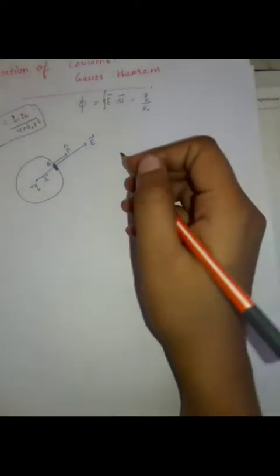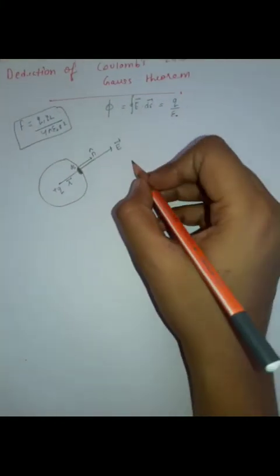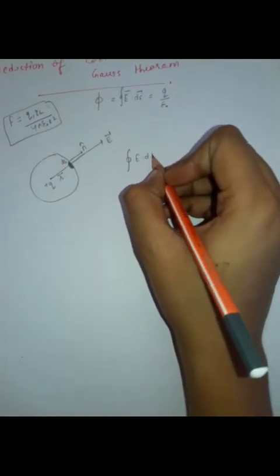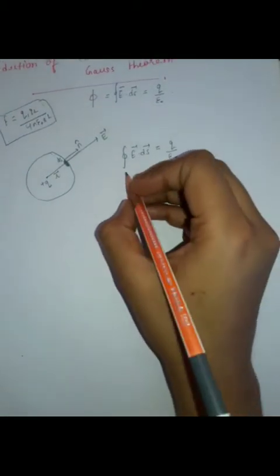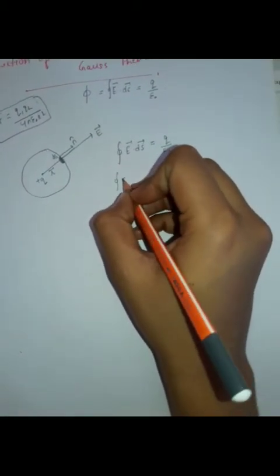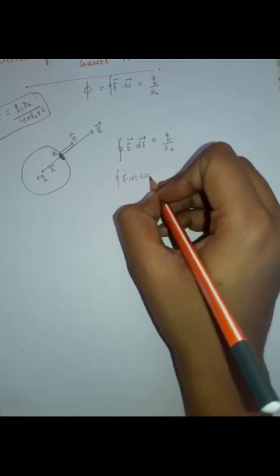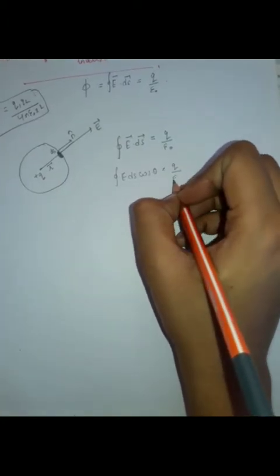Okay, now the formula we have to use is this one: E dot dS equals Q upon epsilon naught. E dot dS means E dS cos theta equals Q upon epsilon naught.